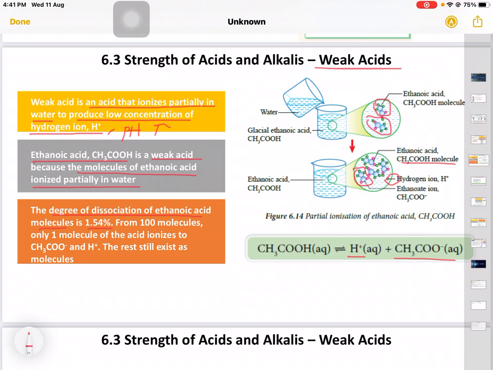It means that if we have 100 molecules of ethanoic acid, only one molecule of the acid will ionize to form ethanoate ion and hydrogen ion. And another 99 molecules remain as molecules. Means tak terion lah. Dikekal dalam bentuk molekul lagi. So we only get one hydrogen ion and one ethanoate ion.